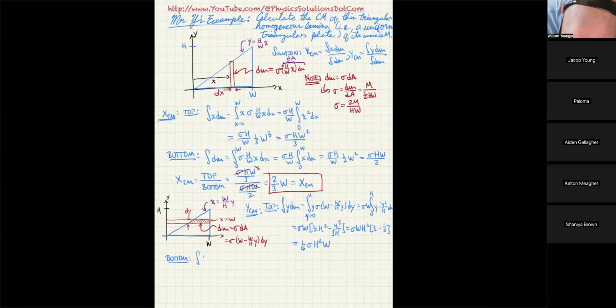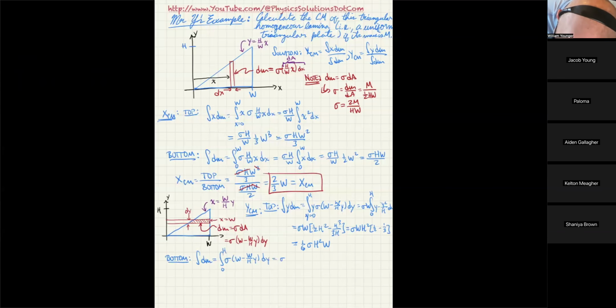So the bottom is the integral of dm, which is just the integral from 0 to h of just the mass part that I had before. So that was sigma w minus w over h y dy.